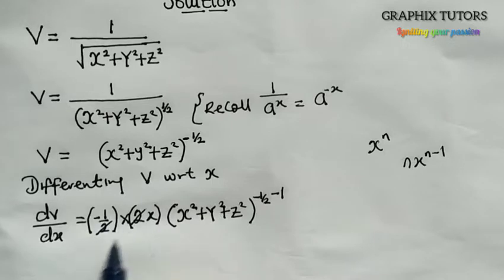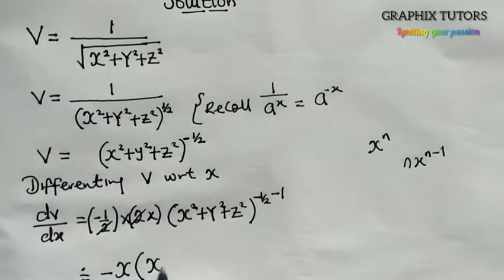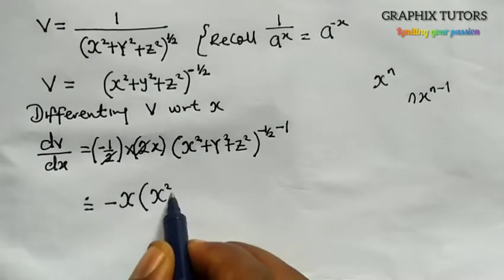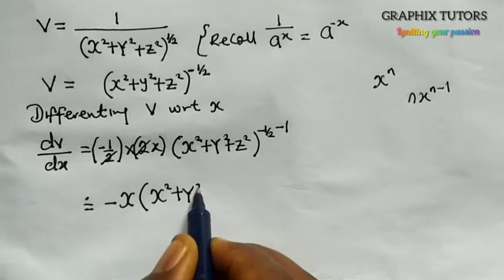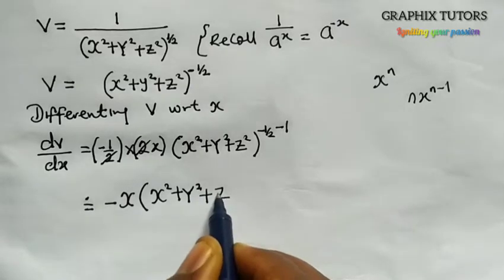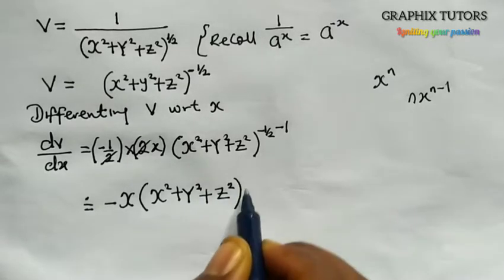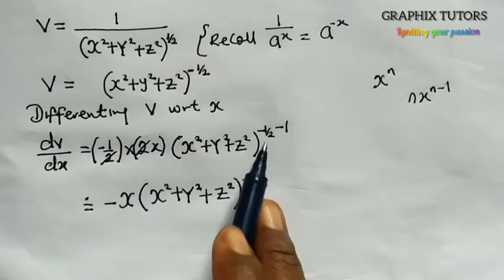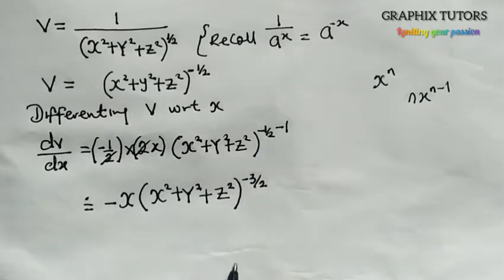So minus 1 times x will give us minus x, into brackets x squared plus y squared plus z squared goes to the power of minus 3 over 2.